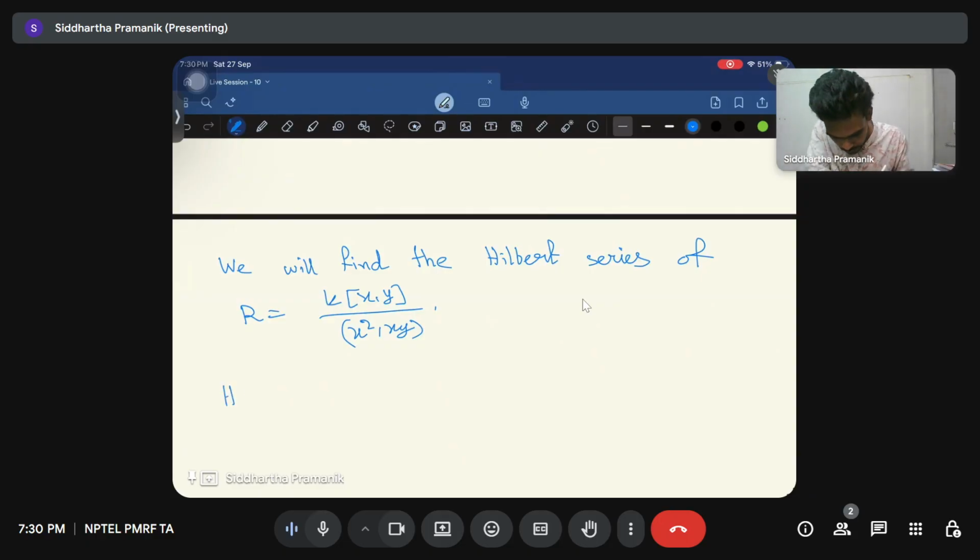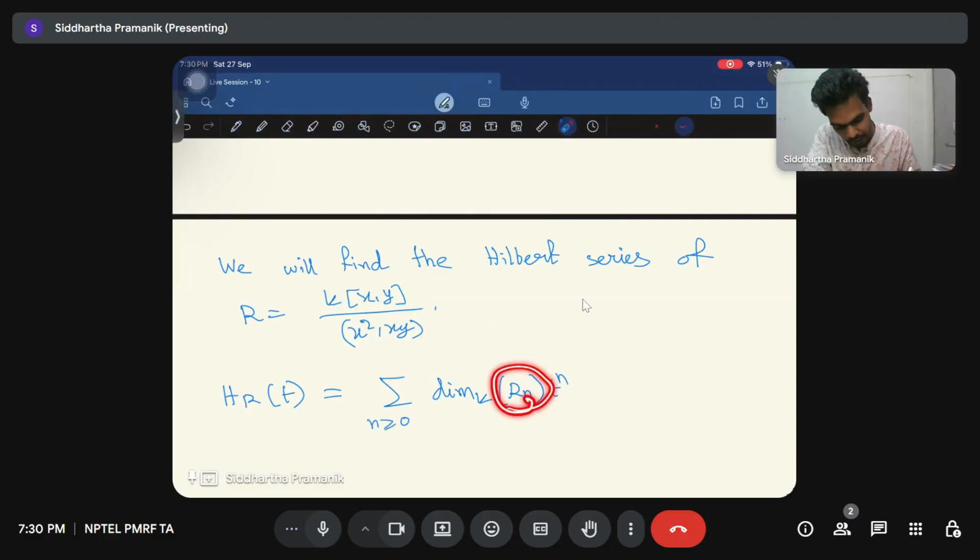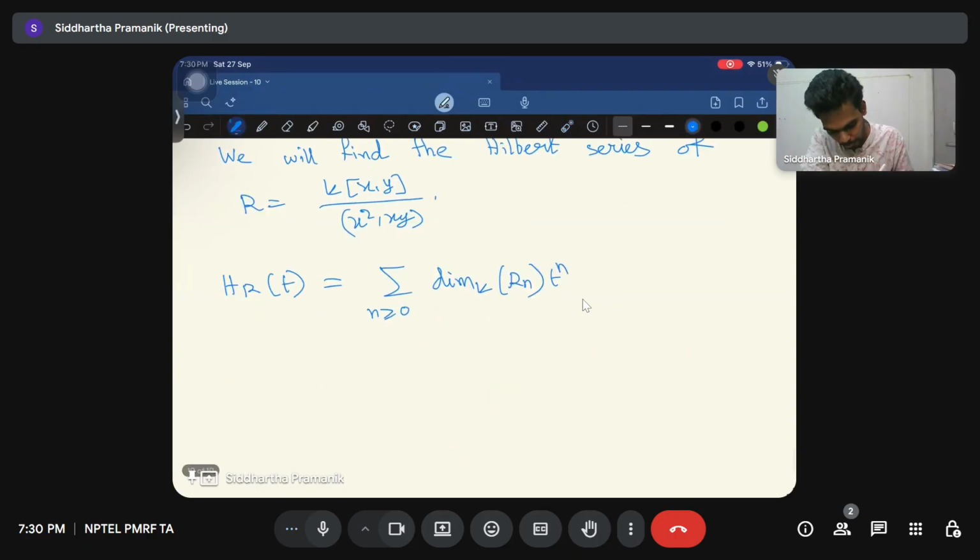Now the Hilbert series of this R is basically the summation of the dimension over k of the nth component times t power n. So we need to find the nth component. What is the nth component of this thing?